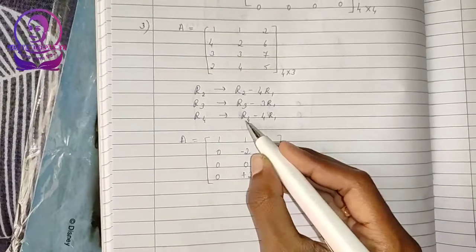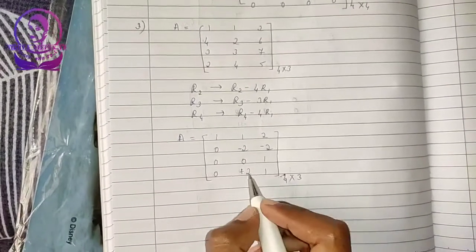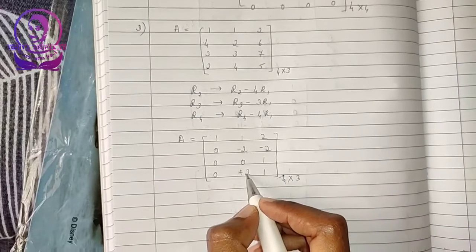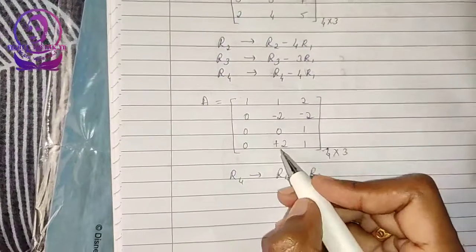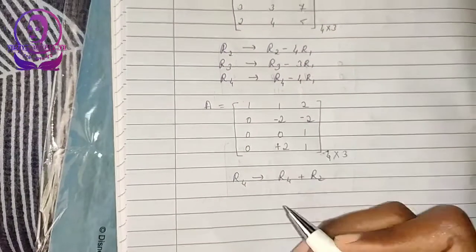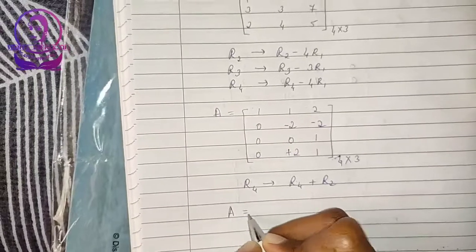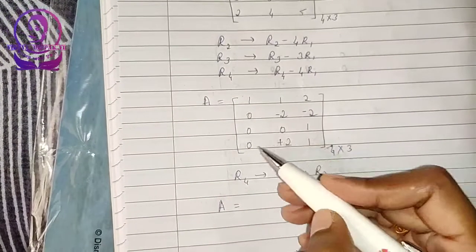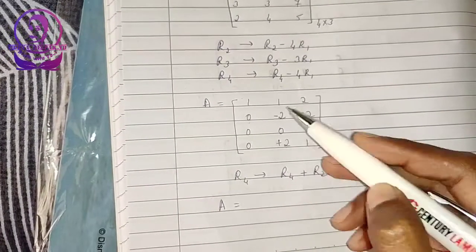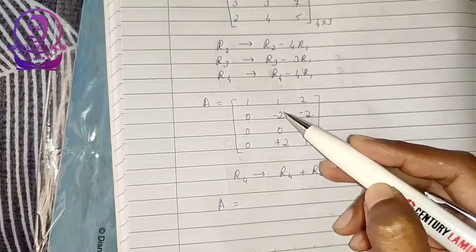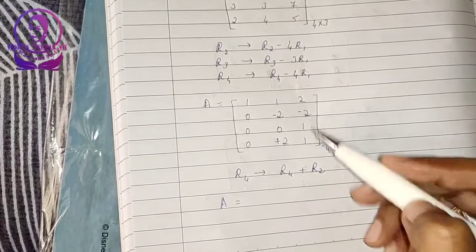We are performing this operation, keep that in mind. Now in order to make this 0, what can we do? I can add this plus 2 and minus 2, so it can be 0. Let's perform that operation. 0 minus 0 is 0, 2 minus 2 is 0, 1 minus 2 becomes minus 1.